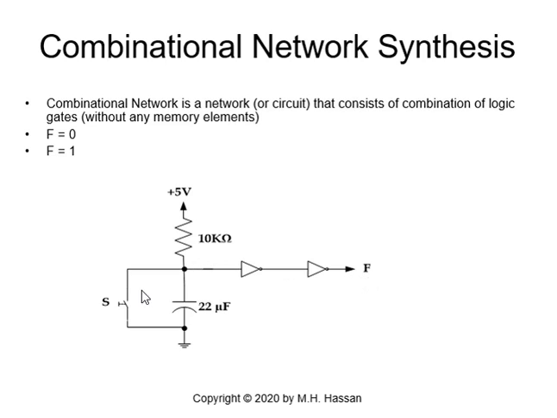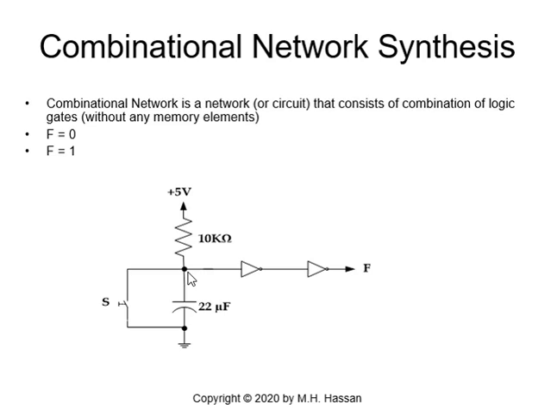So if the switch is open, we have logic 1 here, or plus 5 volt, which gives a logic 0 after the first inverter, and here you get a logic 1, so F will be 1 easily when the switch is open. Once I close the switch, you will get 0 volt here because the capacitor will be fully discharged, and any current will flow to the ground from the plus 5 volt.